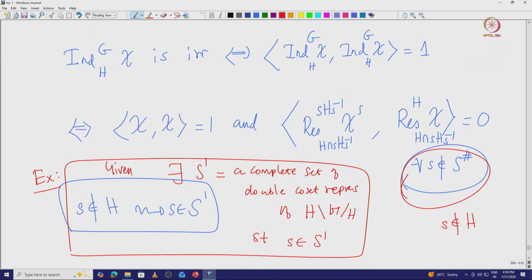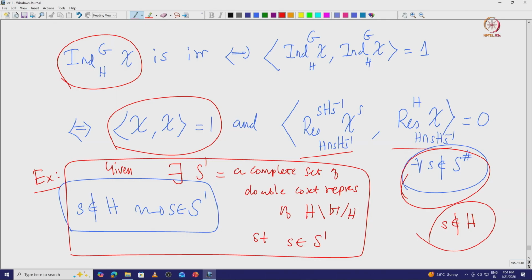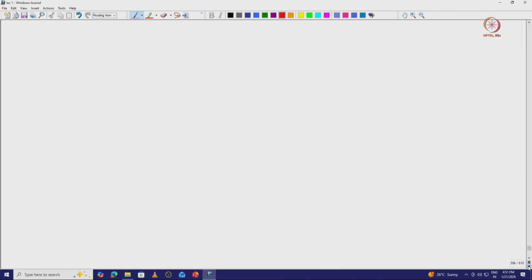Okay. So, basically we proved that this induction is indeed irreducible if and only if this chi inner product must be 1, that means it is irreducible, and these representations are supposed to be disjoint for all S not in capital H, and this is what we wanted to prove, and that gives the characterization.